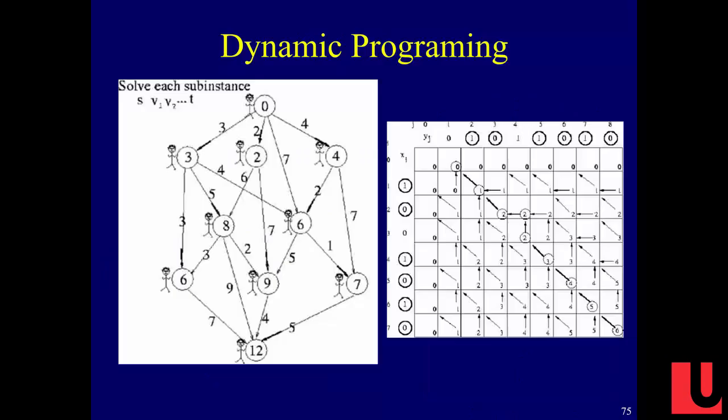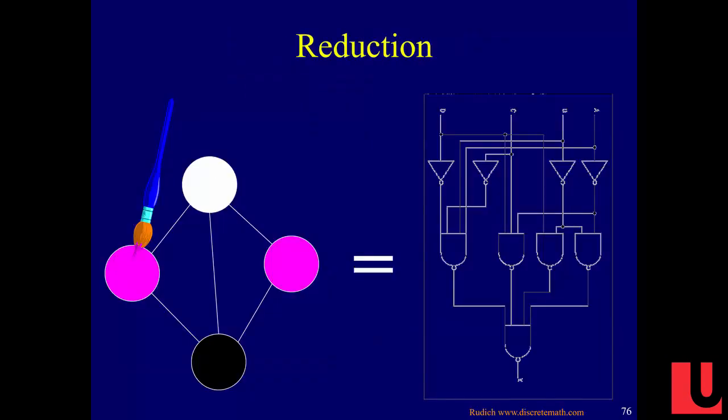So that's dynamic programming. Recursive reductions are, here's a problem: can I color this graph with a small number of colors so that every edge has two different colors? That boils down to scheduling. Can I schedule the courses so that certain courses don't conflict?